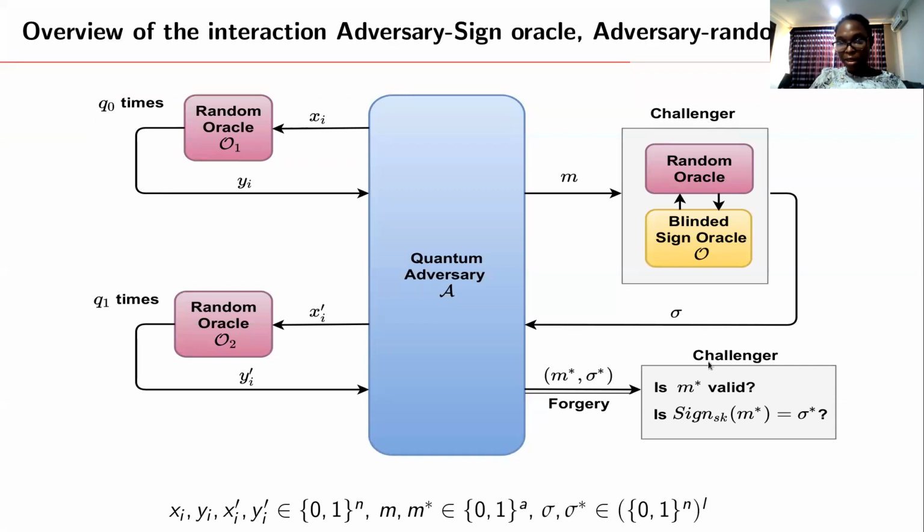So now the next step of the blind will be to verify if the message is valid or not. Let's start with the approach where we only allow the quantum adversary to query the signing oracle. So let us first look at the case where the quantum adversary only has access to the blind sign oracle.